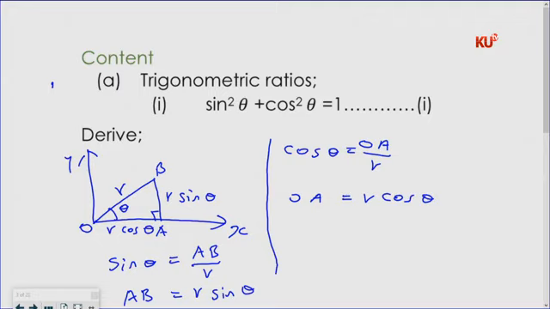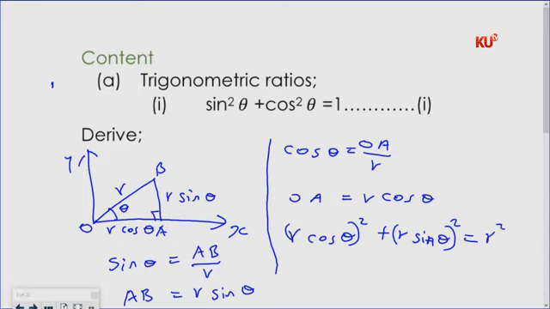Then you remember something you learned in Form 2, Pythagoras theorem. You said this side squared plus AB squared should be equal to OB squared. That means if you have R cos theta, squared, plus our AB, which is R sine theta, squared, should be equal to R squared.